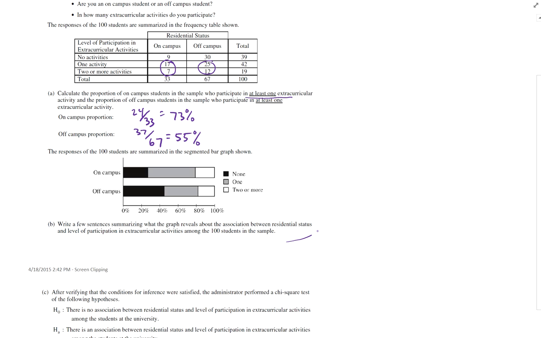For the sake of space, I'm going to go ahead and write it up here. Looks like this.